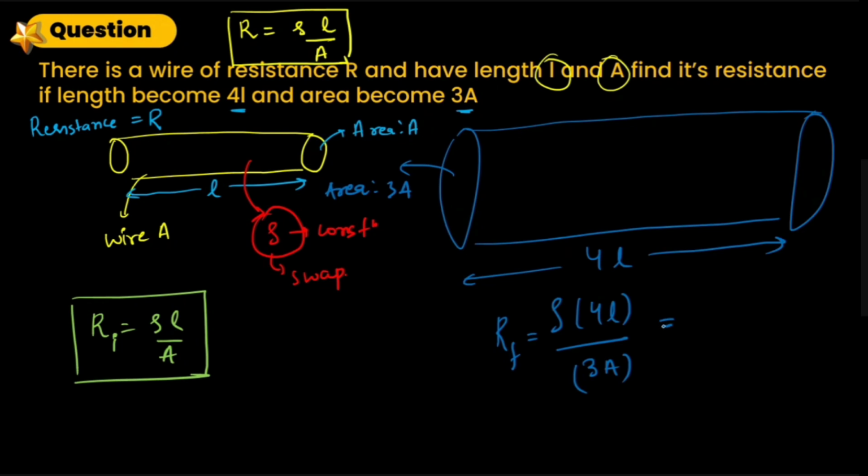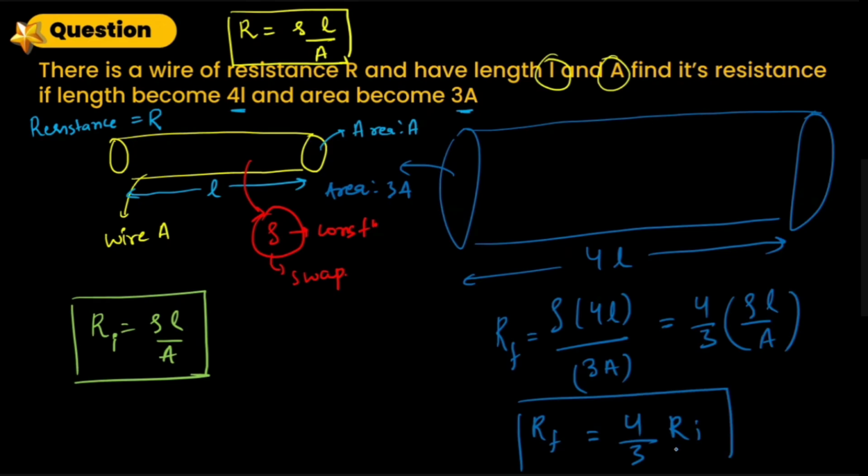So here we can see that 4 by 3 rho L by A. So can I write R final is nothing but 4 by 3 R initial? Like to the initial value, it becomes 4 by 3 times. This is what is asked in the question, to find how its resistance changes. So it will become 4 by 3 times, or fourth time.